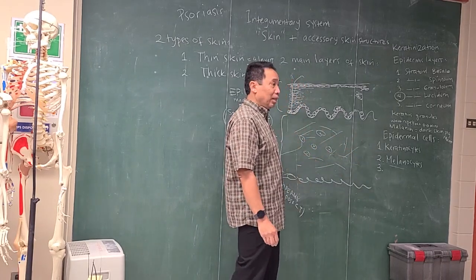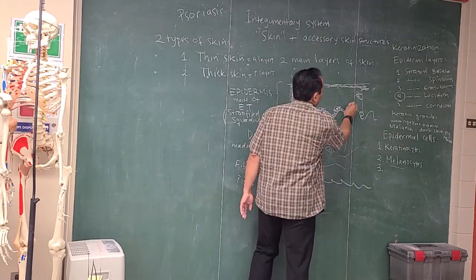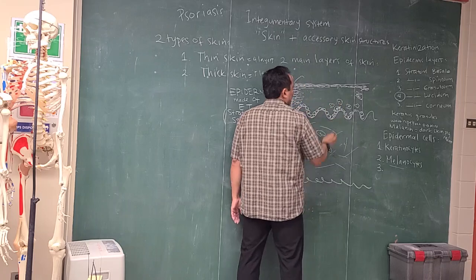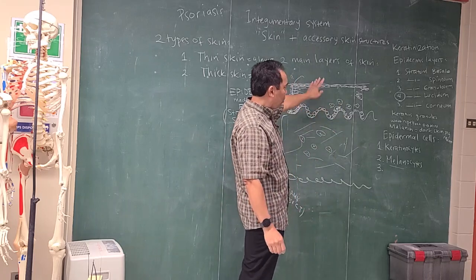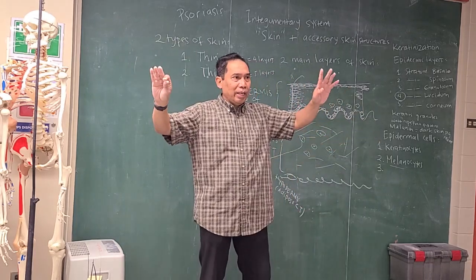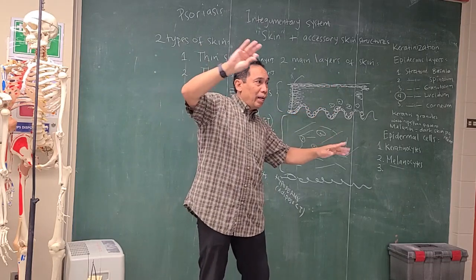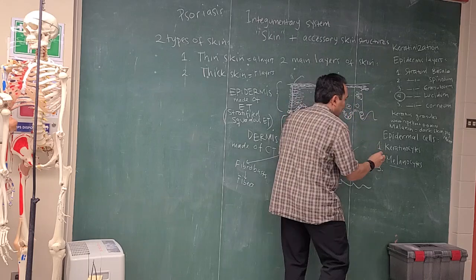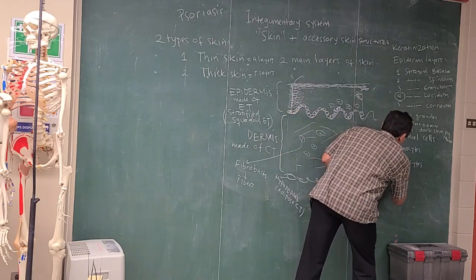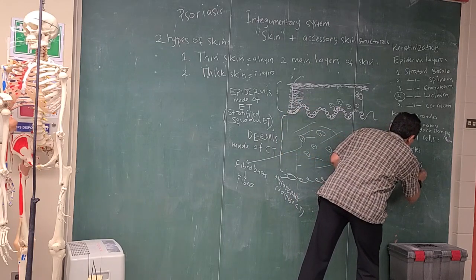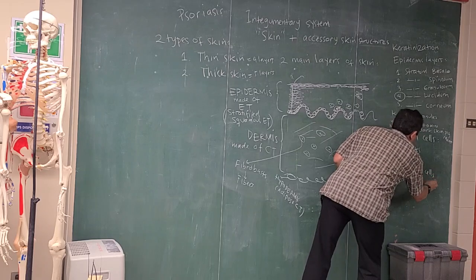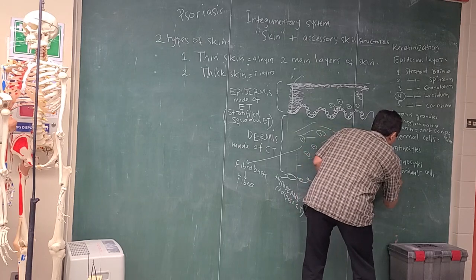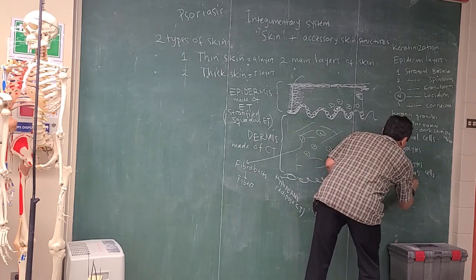The next one is spread over here, mostly in the stratum spinosum and granulosum, spread everywhere. It's not that many, but they are able to move. That cell is able to squeeze. That cell is called the Langerhans cell, sometimes also called the dendritic cell.